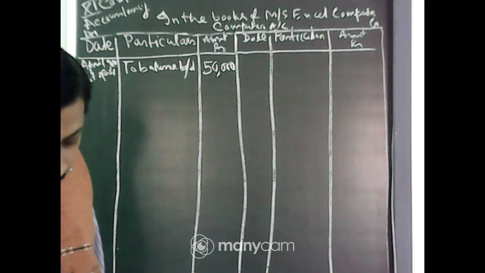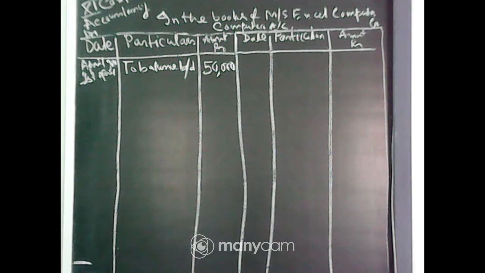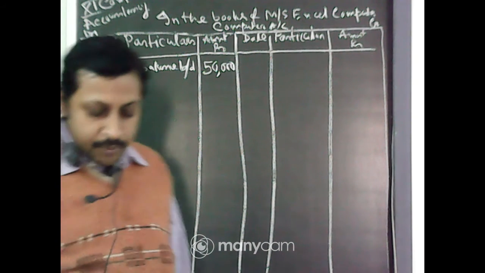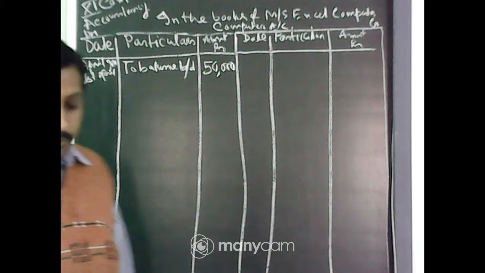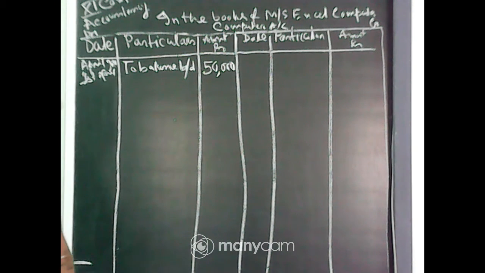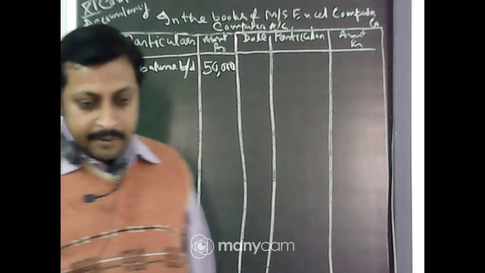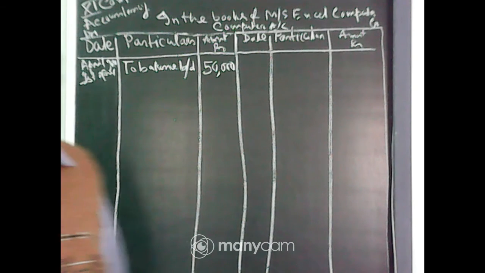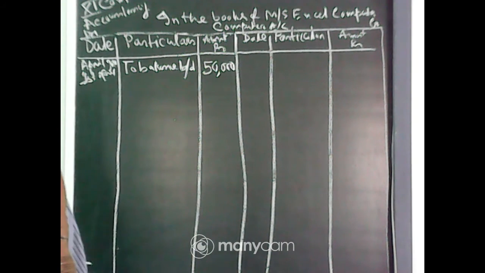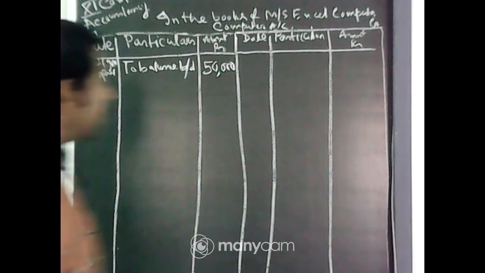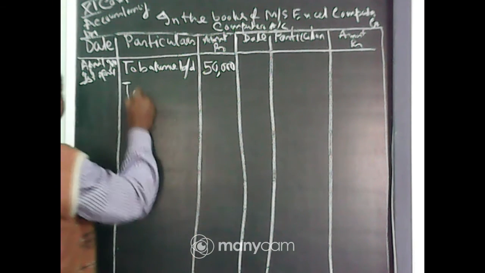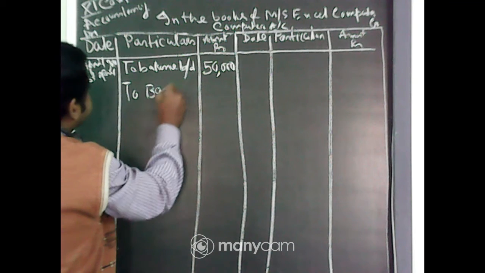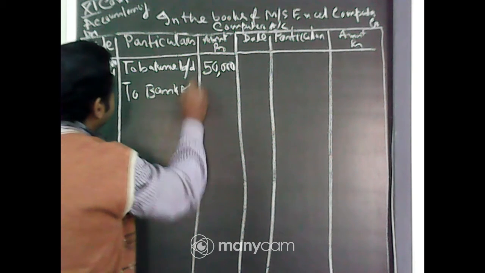On July 1, 2010, it purchased another computer costing rupees 2,50,000. When we purchase a new machine, what journal entry do we pass? Computer account debit to bank. So in the ledger, in computer account, we post to bank account.